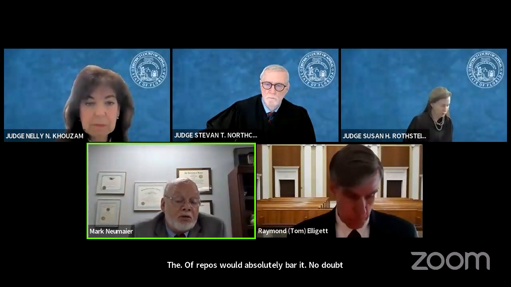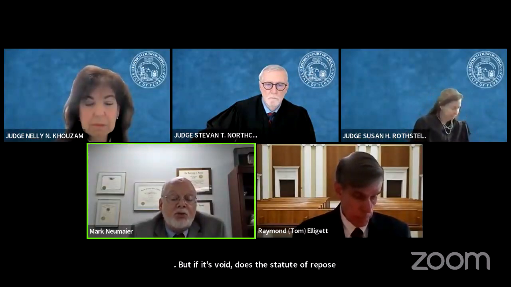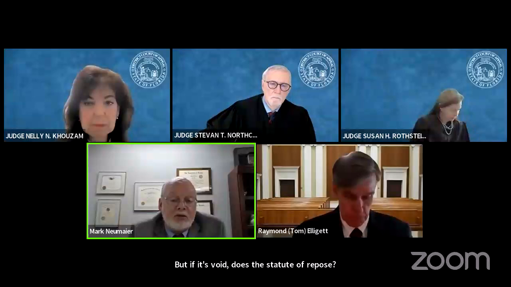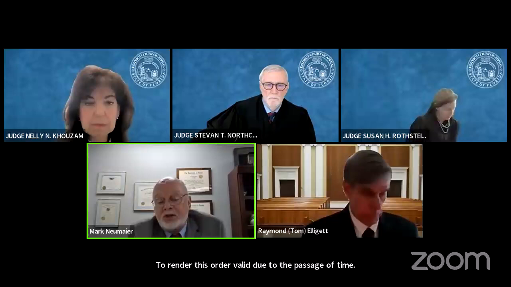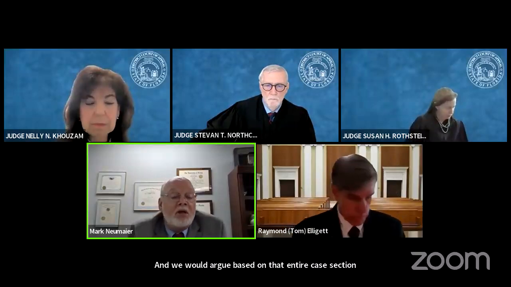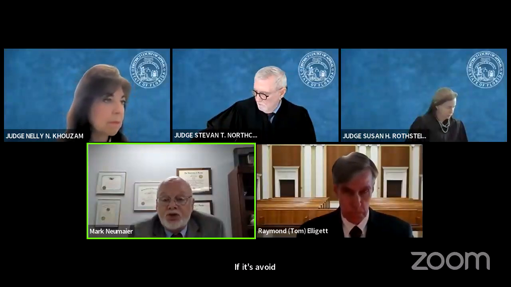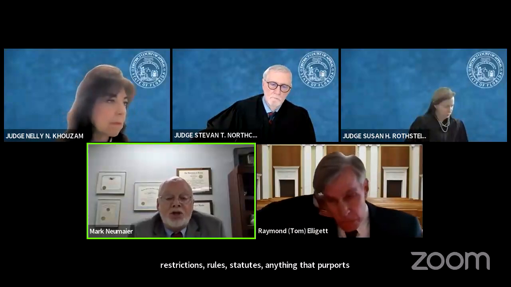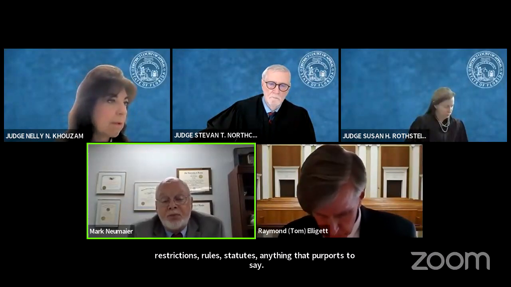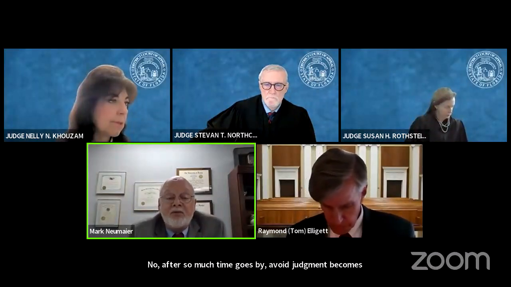But if it's void, does the statute of repose act to render this order valid due to the passage of time? And we would argue, based on that entire case section in my brief, if it's a void judgment, statute of limitations, restrictions, rules, statutes, anything that purports to say that after so much time goes by a void judgment becomes valid, cannot be of any effect.